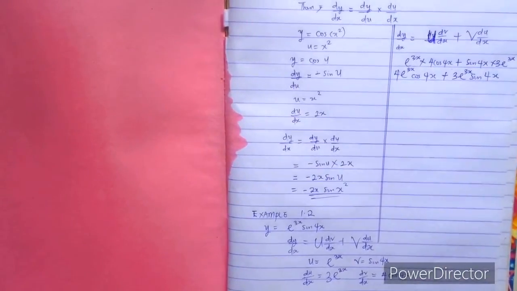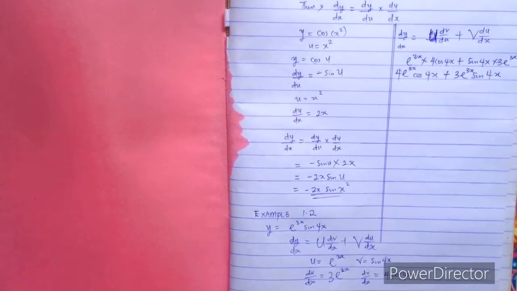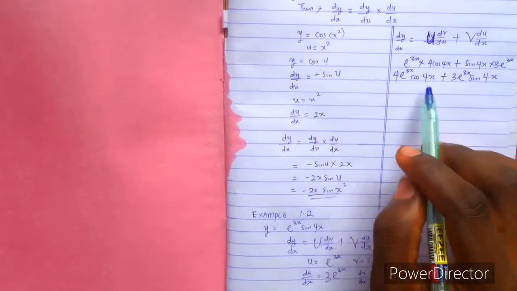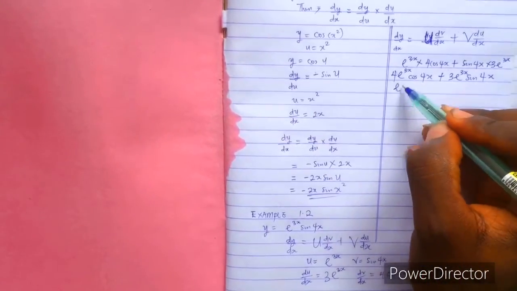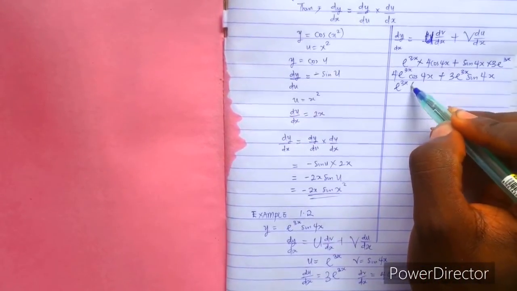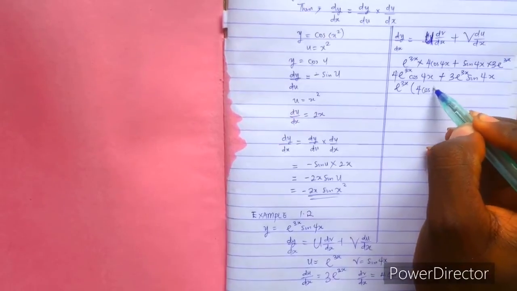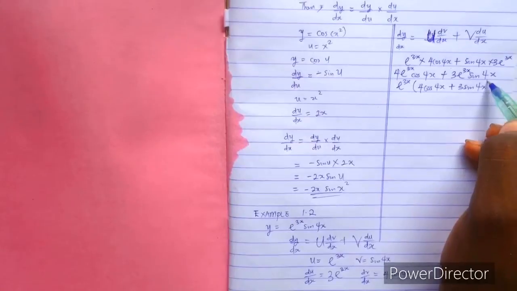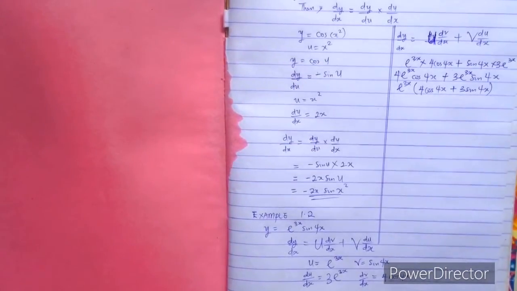This is still the same thing. Now we see that e to the power 3x is common to both terms, so we can say e to the power 3x open bracket 4 cos 4x plus 3 sine 4x, and that will be all for that.